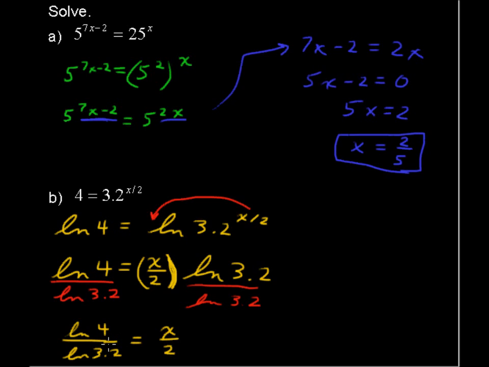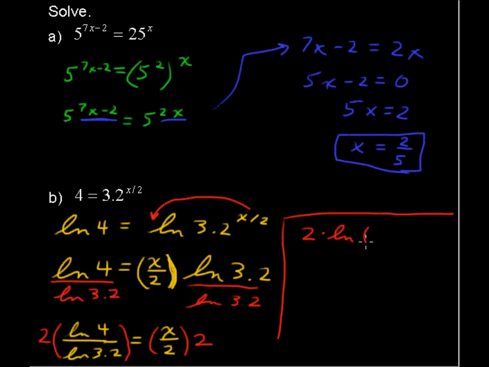Let's multiply everything by 2 so that we can get rid of the fraction, get rid of this denominator. So each side will be multiplied by 2, and then what you would type into your calculator would be 2 times the natural log of 4 divided by the natural log of 3.2.